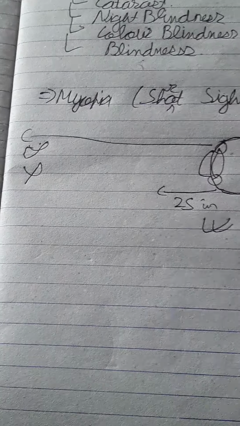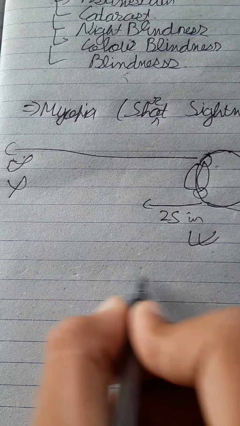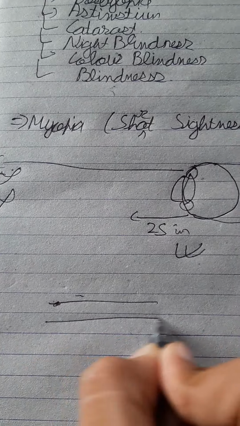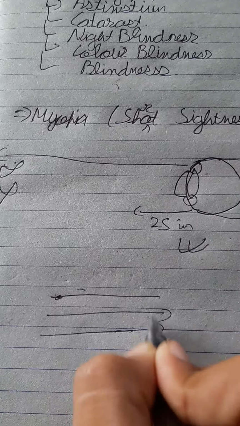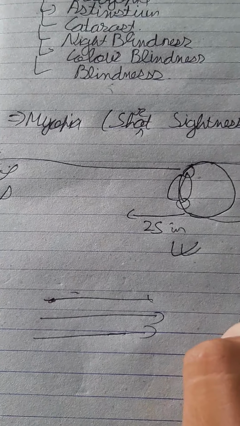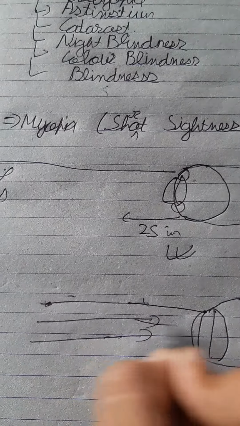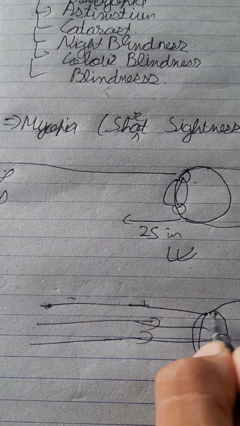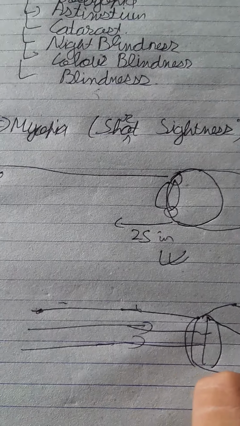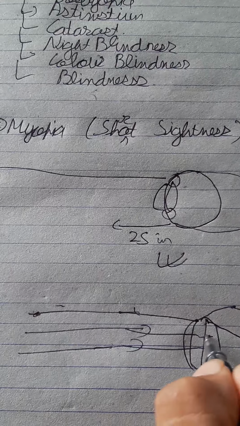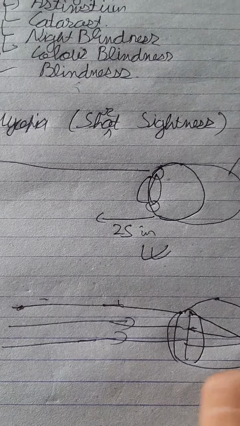Now let's see how the image is formed. The light from infinity is coming parallel, but the lens could not focus it properly, so the image is formed in front of the retina.